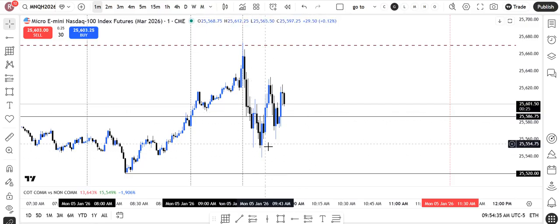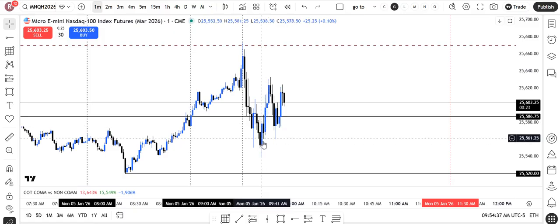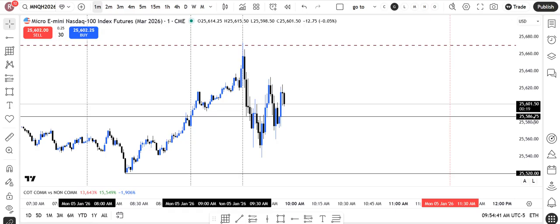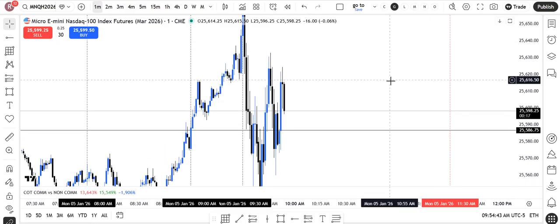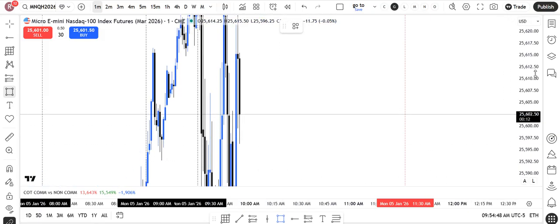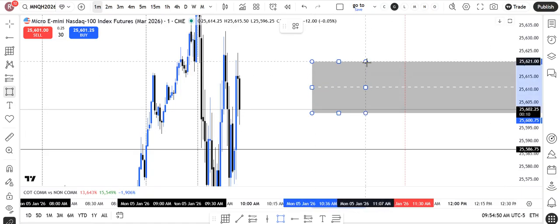If it can get below this low, oh, here's your first presented fair value gap, folks. Sorry if y'all were screaming at me saying, it's there. I apologize, I just now saw. Is that a volume imbalance? Yeah, it's a volume imbalance.